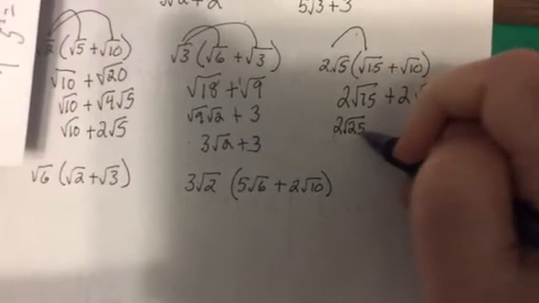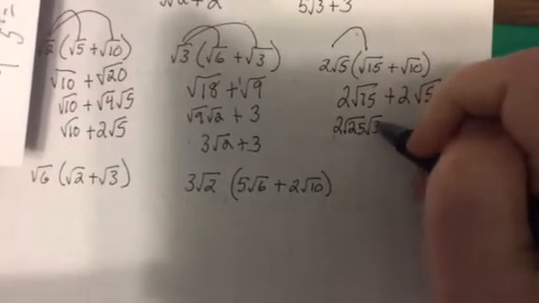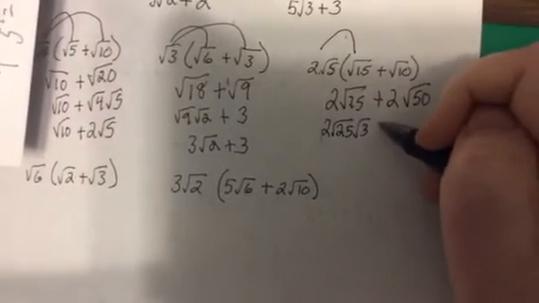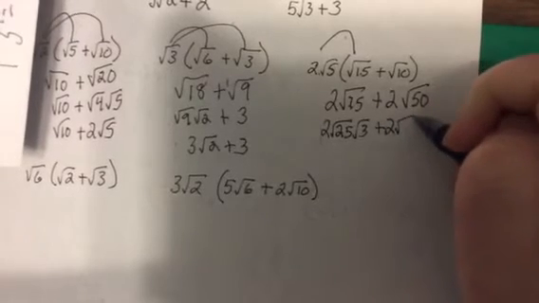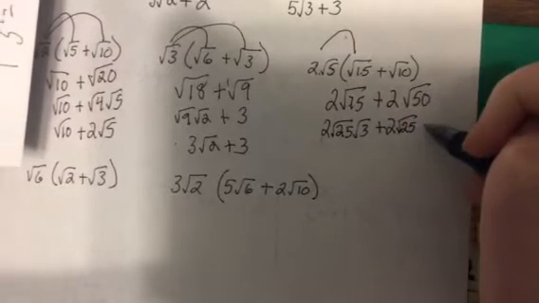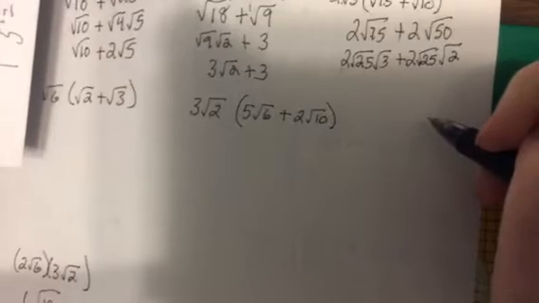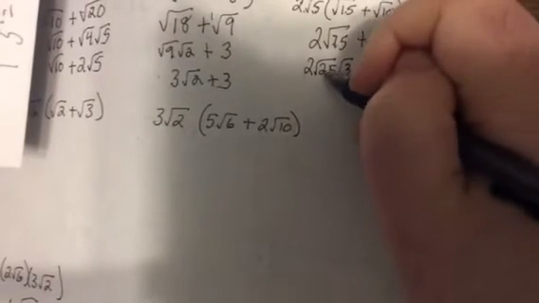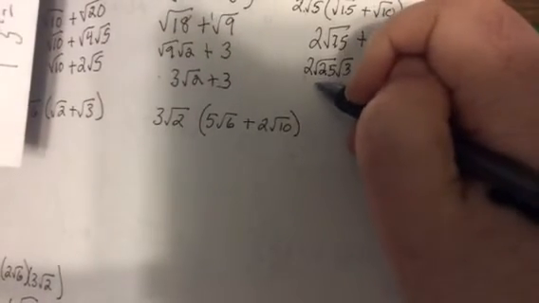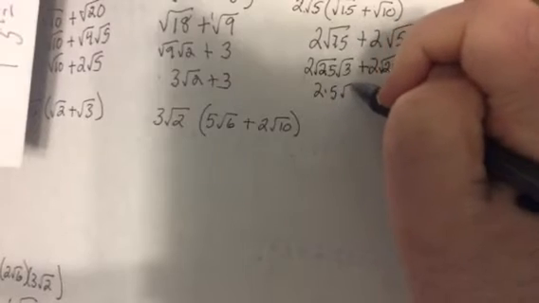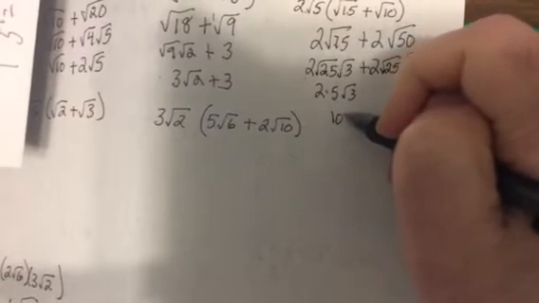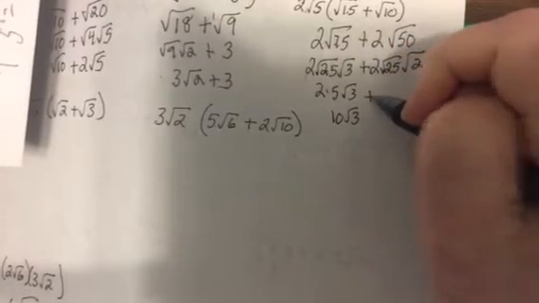But I really wasn't. 75 is 25 and 3. 50 is 25 and 2. So square root of 25 is 5, so it'll be 2 times 5 square root of 3, which is 10 square root of 3.